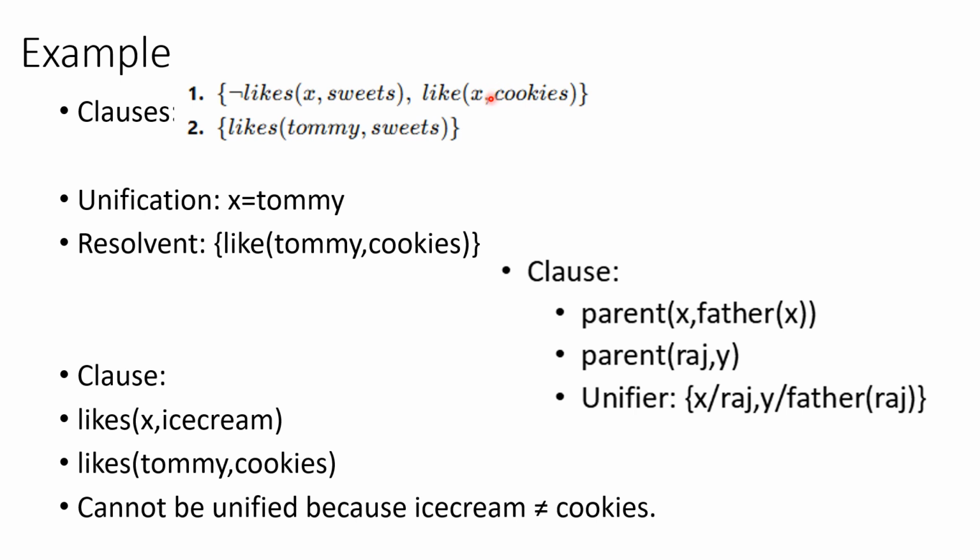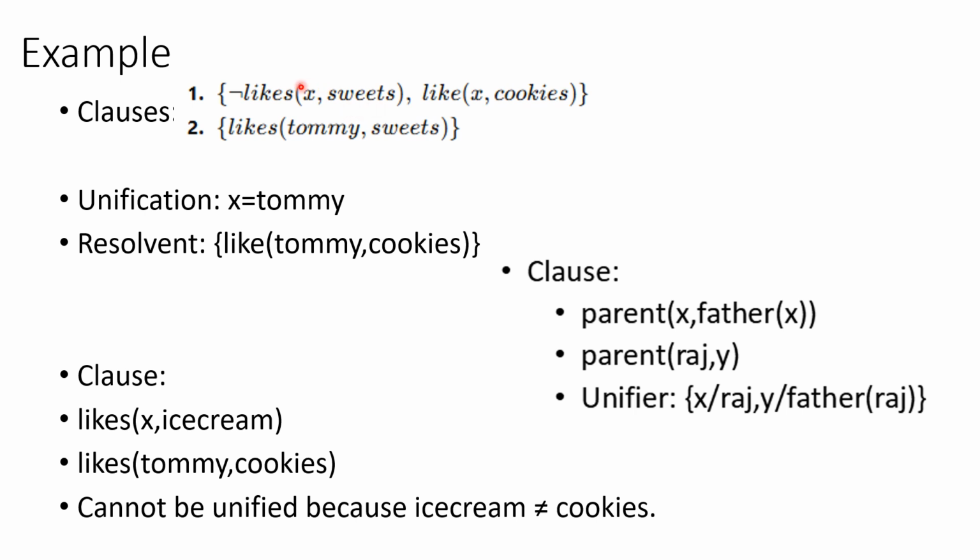Likes has two parameters: in the first clause x and sweets, x and cookies, and in the second clause Tommy and sweets. Comparing with the first term, x and sweets, it is matching. But for x and cookies, cookies and sweets do not match.